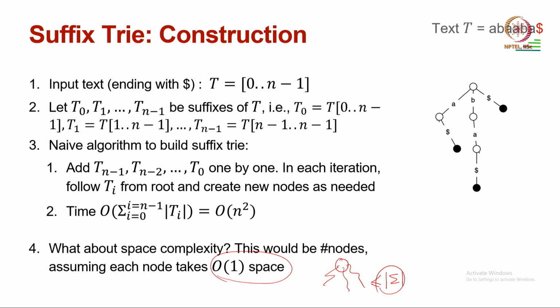Therefore, the space needed for each node is order 1, and all we have to do is count the number of nodes in the suffix trie. So how many nodes do we need to represent in the suffix trie? What would be the worst case, and what would be the best case scenario?